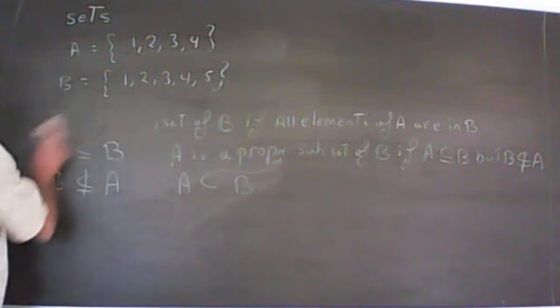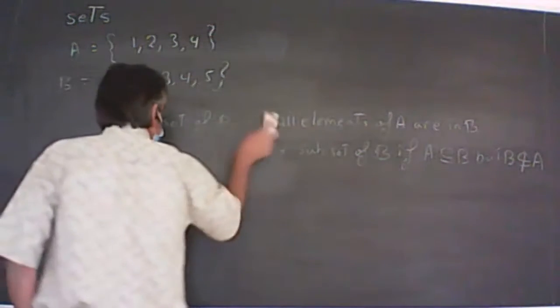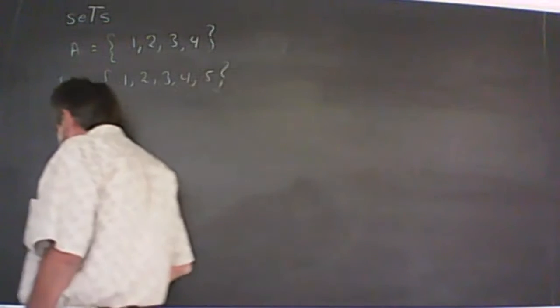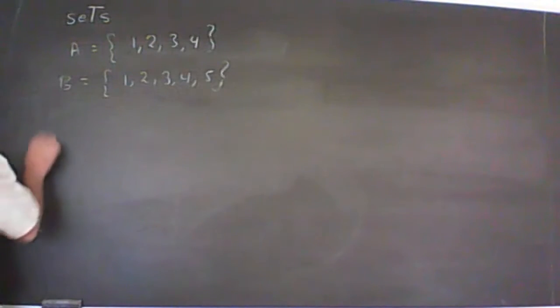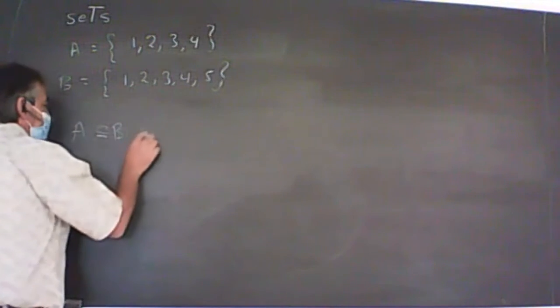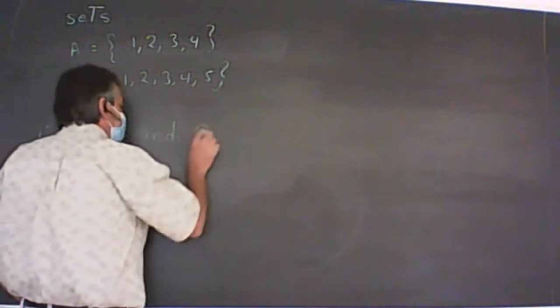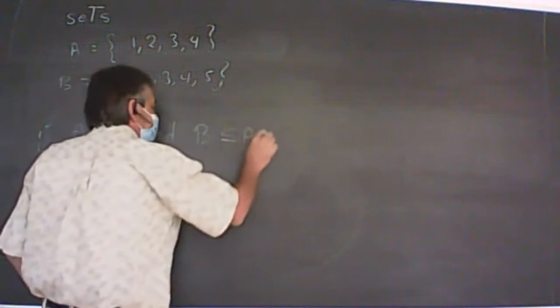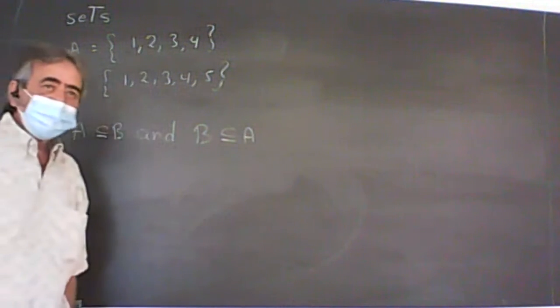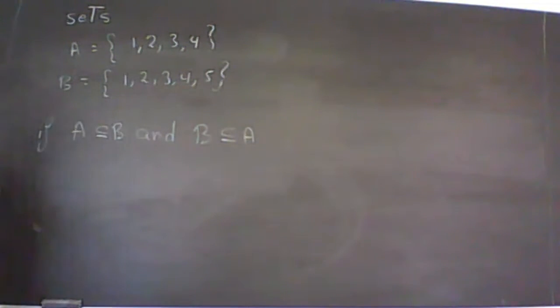Now, let's take a look at the following. If A is a subset of B and B is a subset of A. Let's take two sets, let's say A and B, and I want to make these two sets subsets of each other.